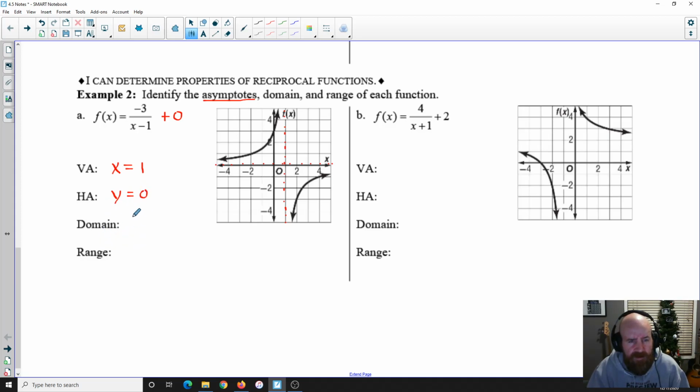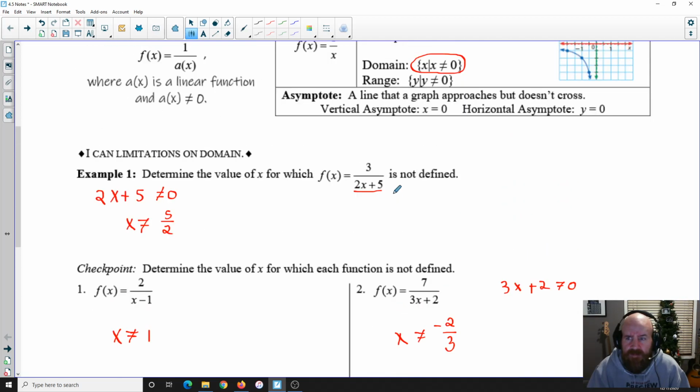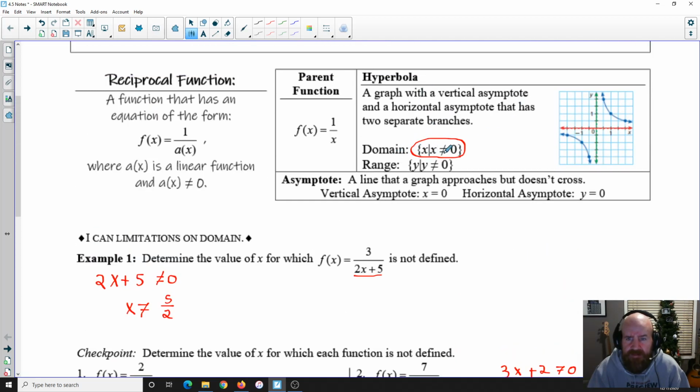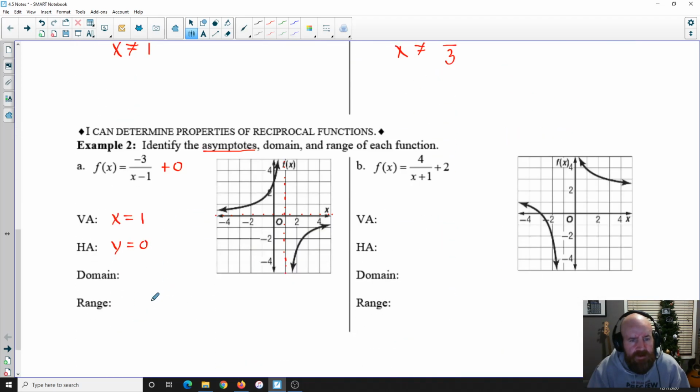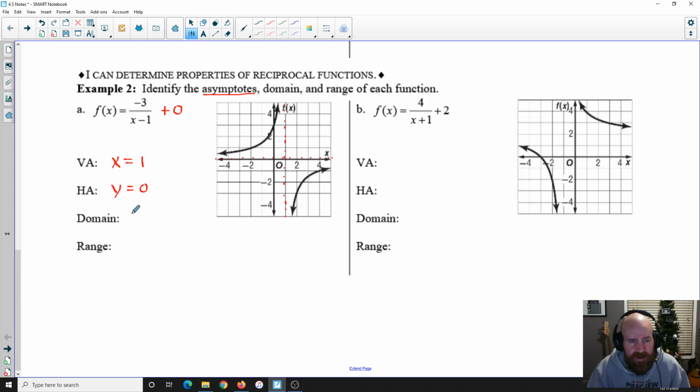Domain and range. We looked up here when we looked at domain. This is a different way of writing it, so we're going to try this. So domain is dealing with x values, so we can say all x's such that x does not equal 1.